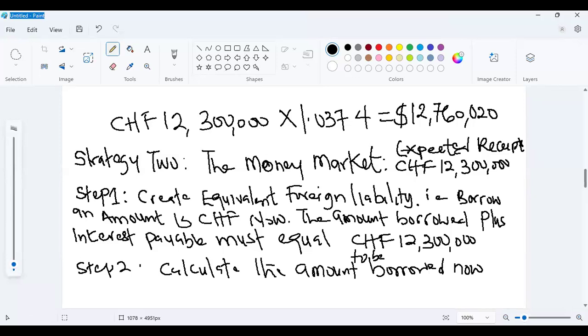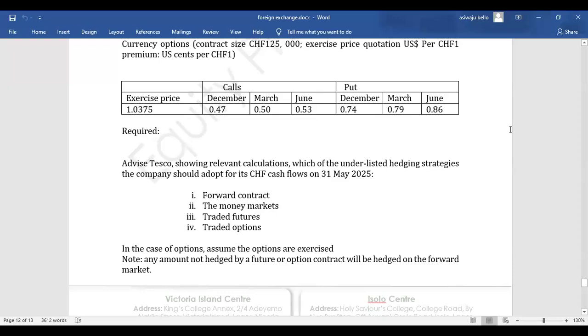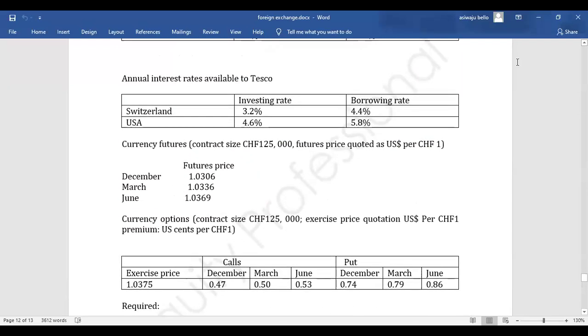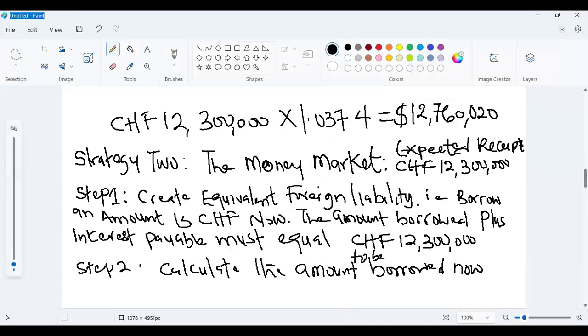What is the borrowing rate in Switzerland? Go and look at the interest rates. Look at it, please. This is the borrowing rate in Switzerland. Annual borrowing rate is 4.4. But we want to borrow for 6 months. So I will calculate the 6-month borrowing rate.